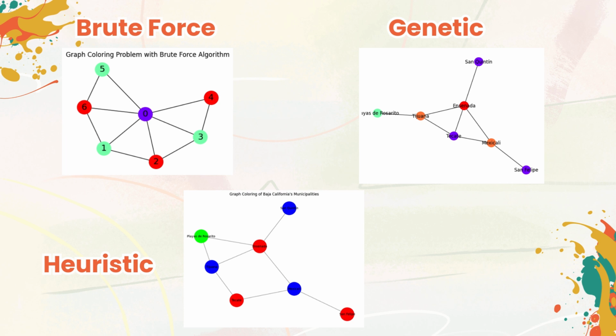If we compare it to the heuristic algorithm, we know that the heuristic algorithm will give us a fast execution, will be faster, but might not give us the best solution. But if we compare it to the genetic algorithm below, we see that they have almost the same result, and the only difference is the time. Genetic might be slower than heuristic.